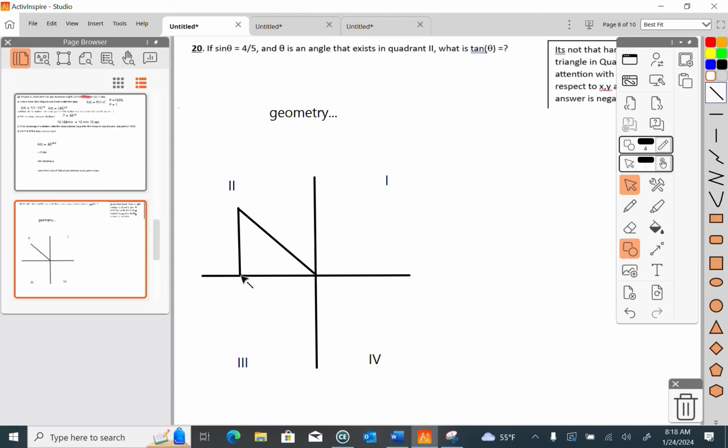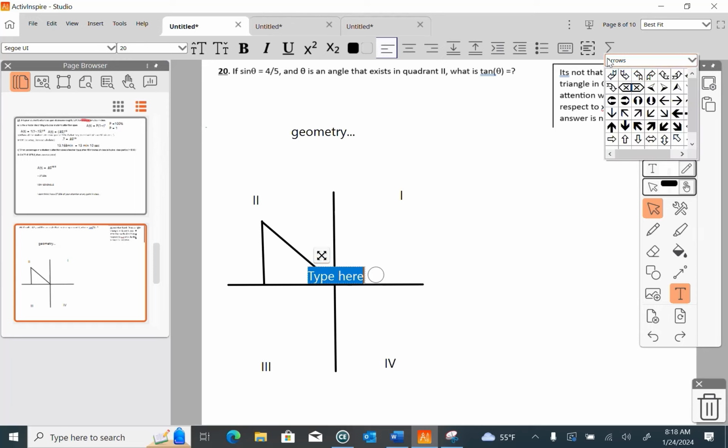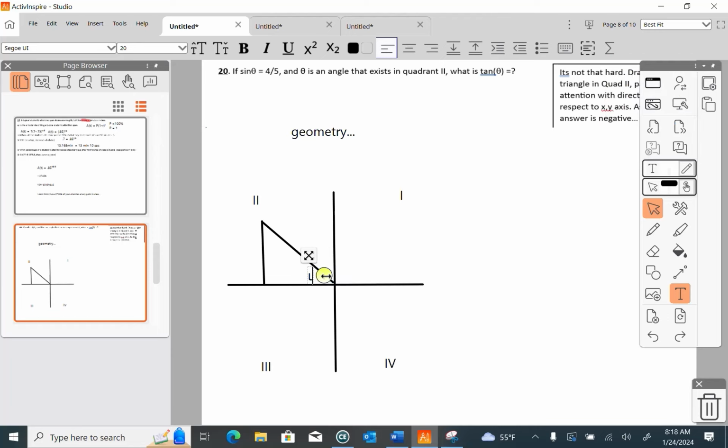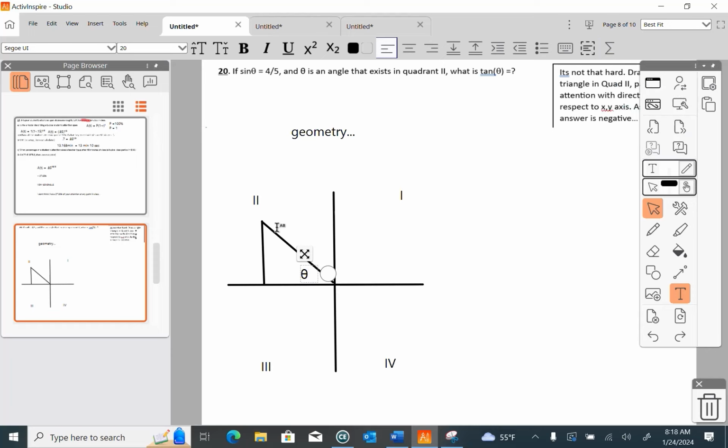I'm going to put theta right there at the origin. Interesting. Wrong letter. Still picked the wrong letter. I want theta. There we go.